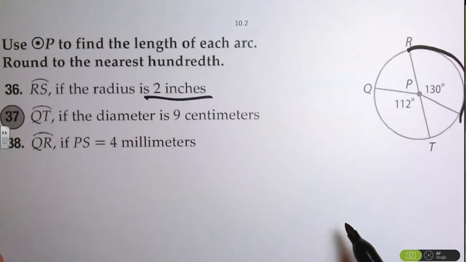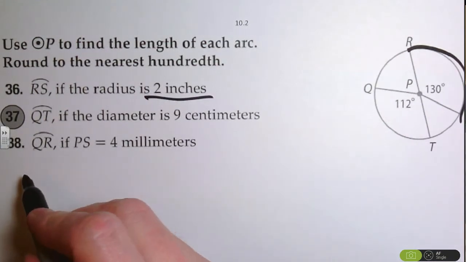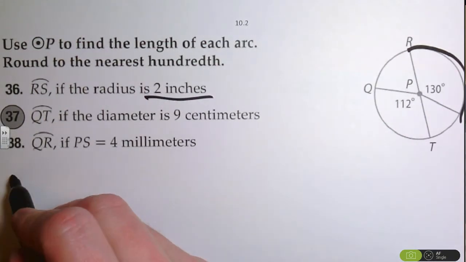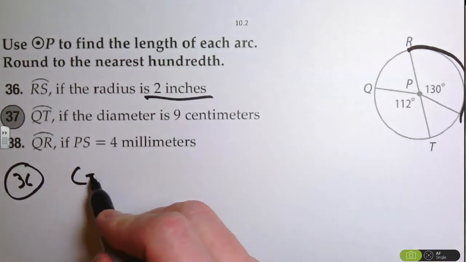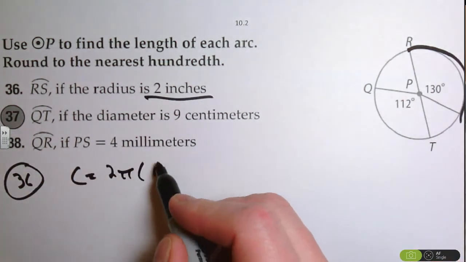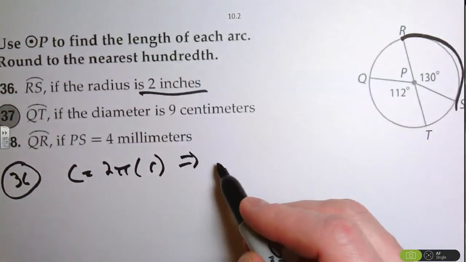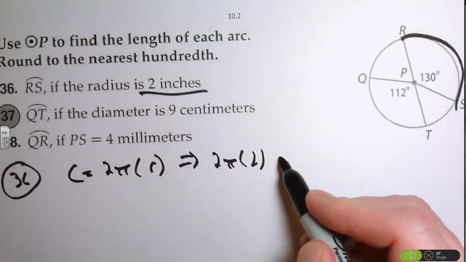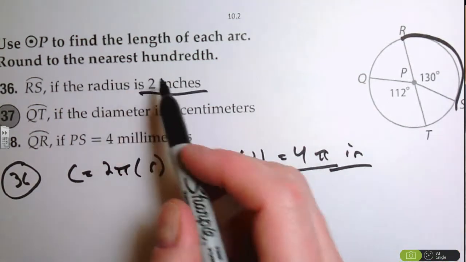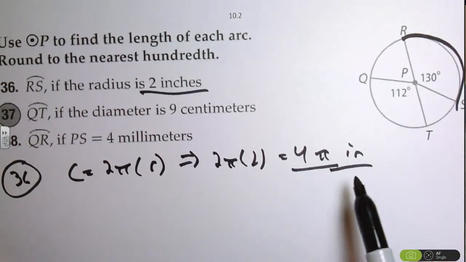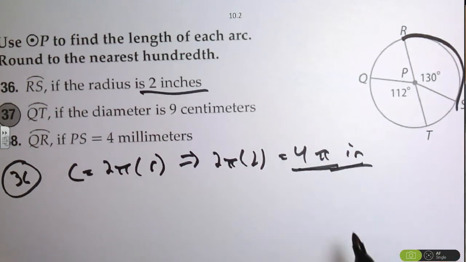Well, the real way to find arc length is to realize that it's just part of the circumference. So to do 36, first I would find the circumference. Circumference is 2 pi times the radius, since I know the radius. So it's 2 pi times 2, 4 pi inches. And it says nearest hundredth, but let's leave it exact for now. So the circumference of the circle is 4 pi.